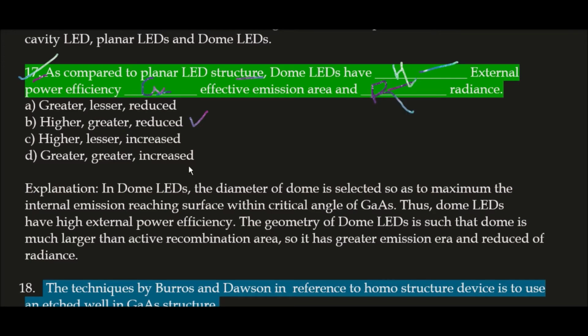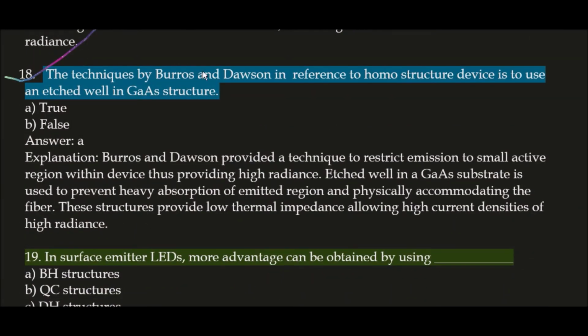Okay. Next question. The technique by Burrus and Dawson in reference to homostructure devices is to use an etched well in a GaAs structure. This statement is true or false? This statement is true, because Burrus and Dawson provided a technique to restrict emission to a small active region within the device, thus providing high radiance.